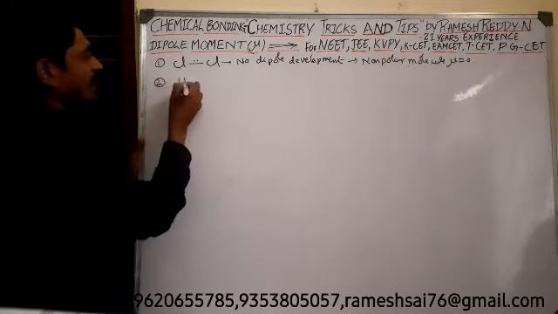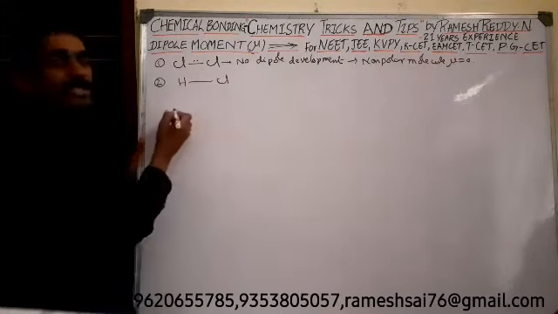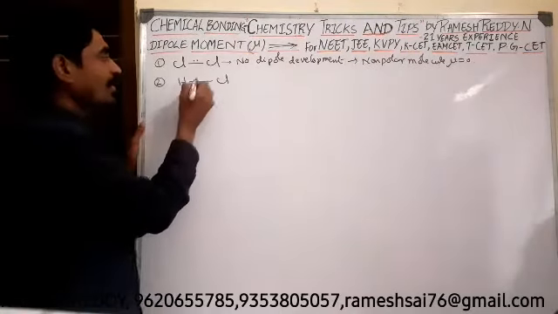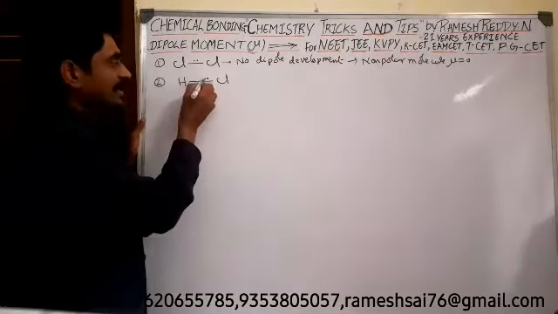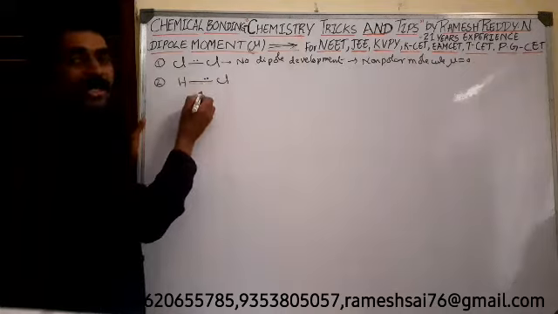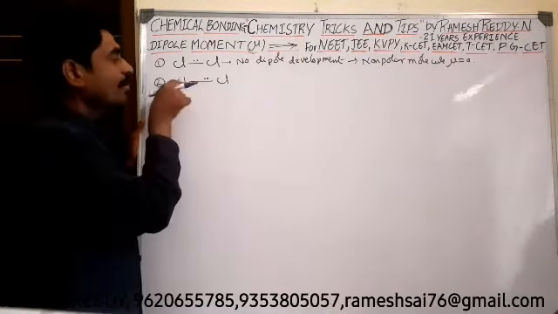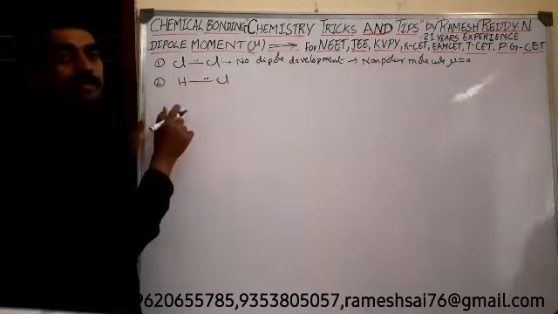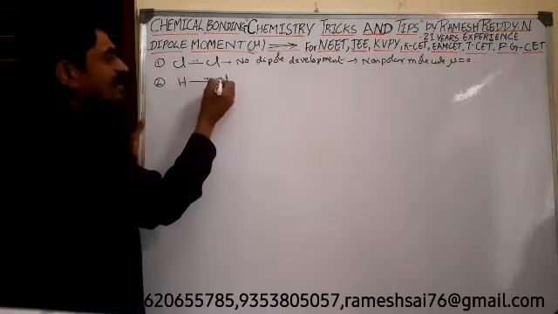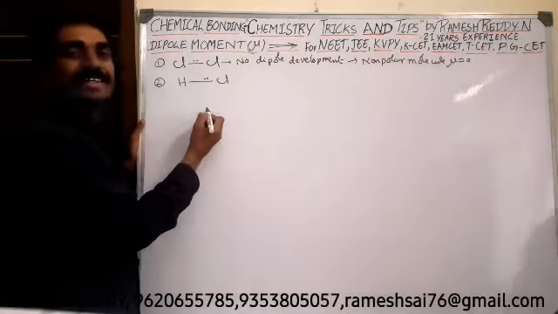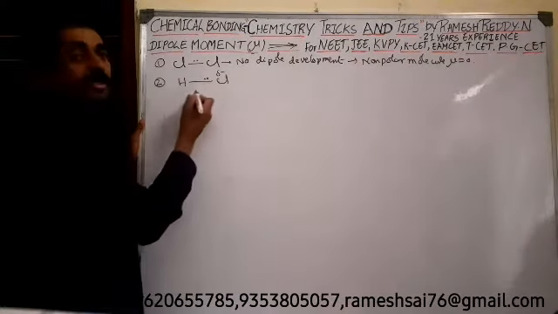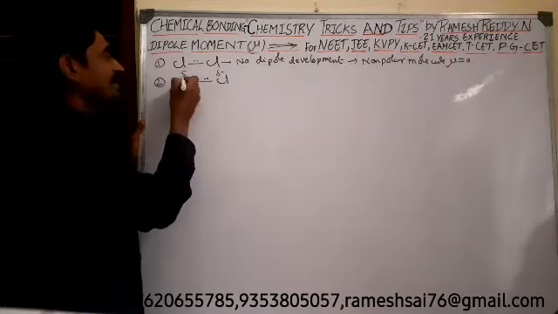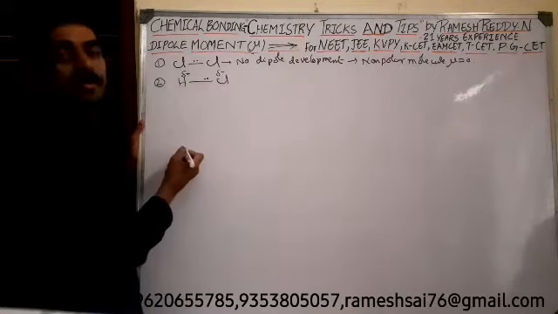Then we take an HCl molecule. Here between hydrogen and chlorine, one electron pair is shared and forms a covalent bond, but that shared electron pair is more towards the chlorine atom. So the electron density over chlorine is more, and it develops a partial negative charge, and on hydrogen the electron density is less, so it develops a partial positive charge.